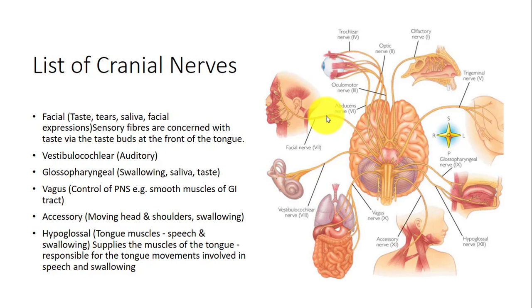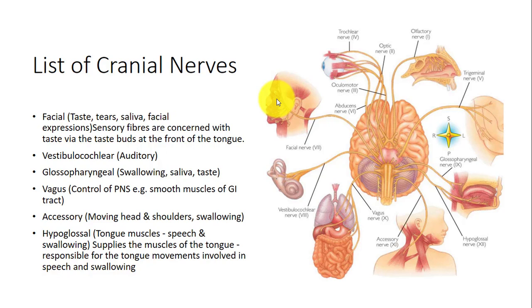Sensory fibers are concerned with taste via the taste buds at the front of the tongue. You can see how it's really controlling all these muscles in the face area. Remember the other one, trigeminal, is chewing. This one is more taste, tears, and saliva.